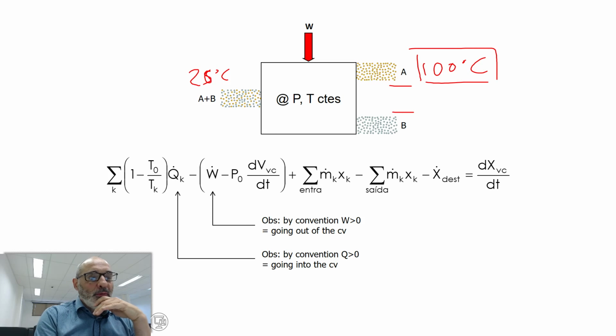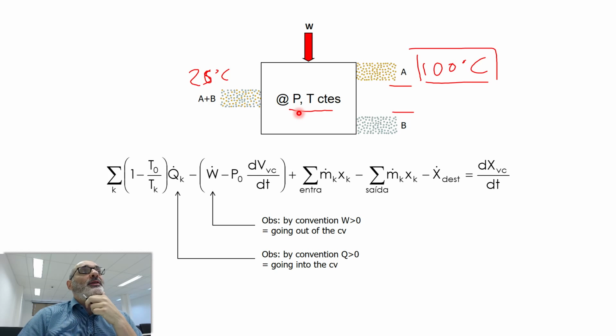So we're fixing pressure and temperature because we want to calculate the minimum amount of work necessary for the separation. So we're going to apply this equation to a separation process occurring at constant pressure and temperature.